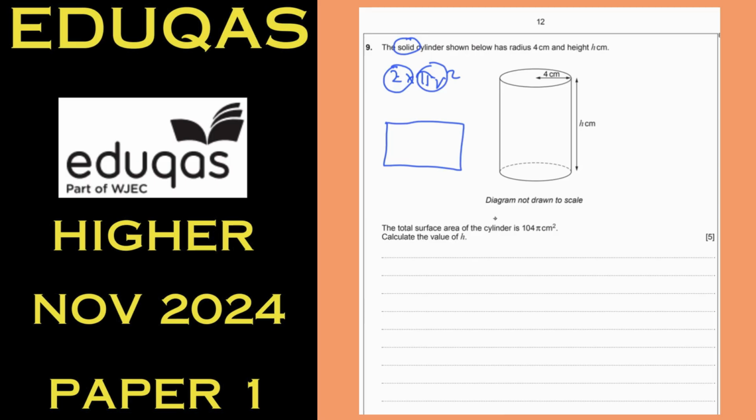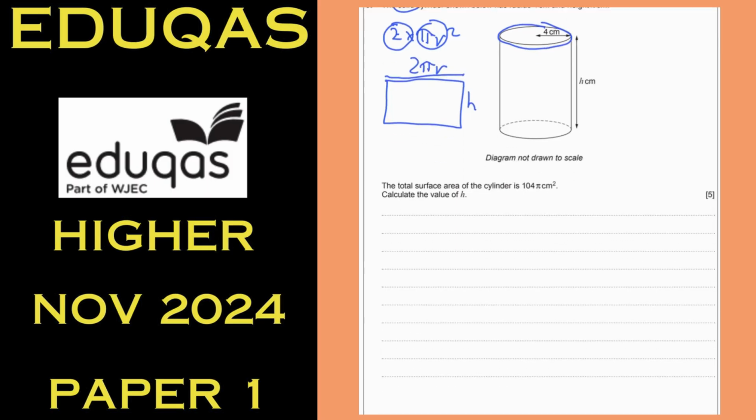It's the rectangle which people always forget. How do we find the area of this rectangle? Well, h is that distance there, but that distance here corresponds to that circumference there.